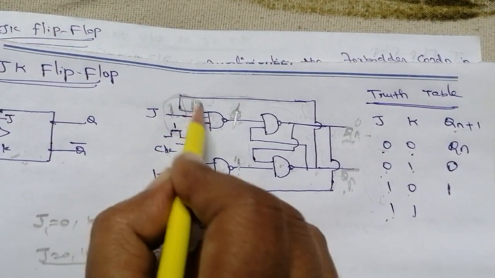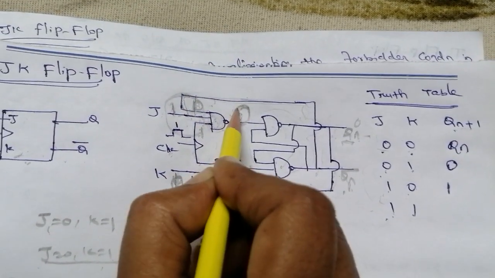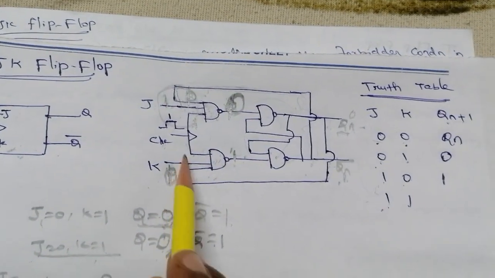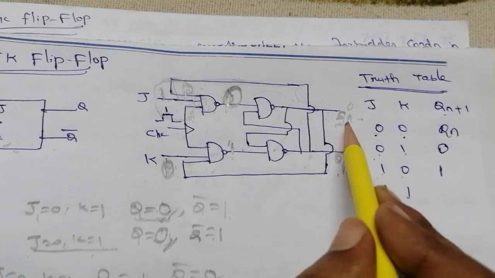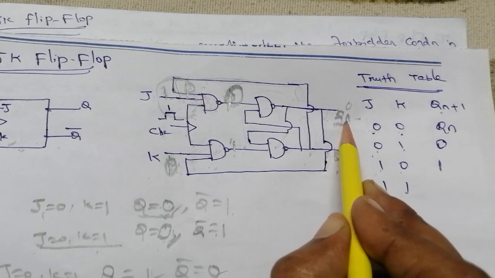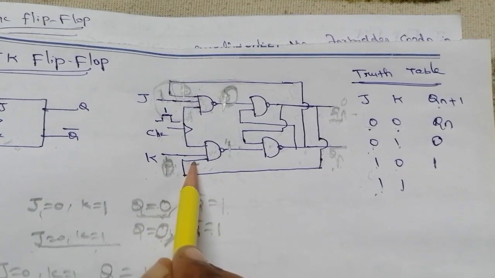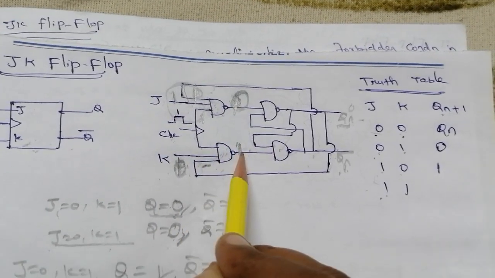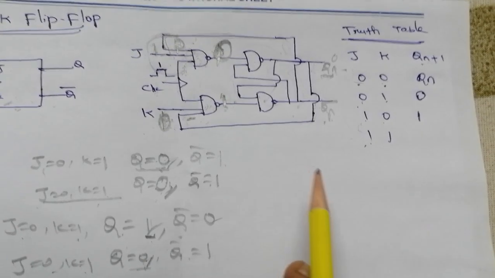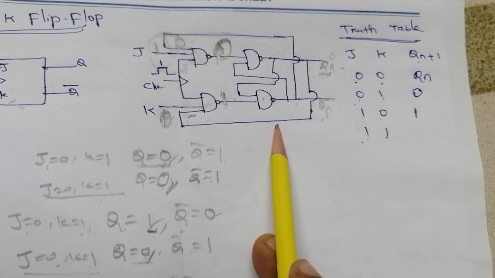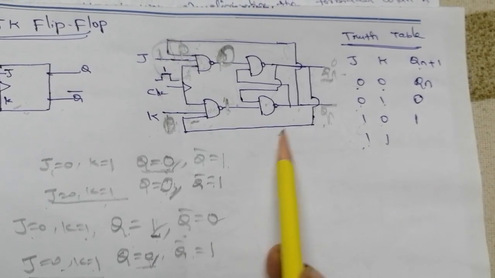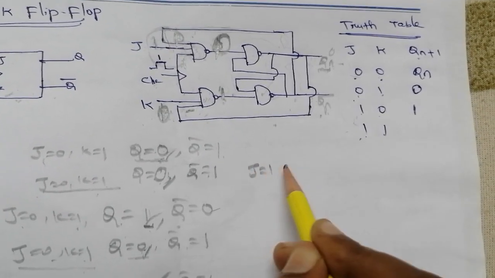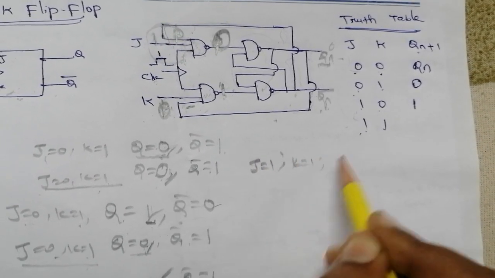Now here 3 inputs are 1, so the output is 0, right? Now one input is 0 because let's assume Qn equal to 0, right? So Qn 0 means this input is 0. So with one of the inputs 0, the output will be 1. So the 0 1 combination in the SR NAND latch provides the set state, right?